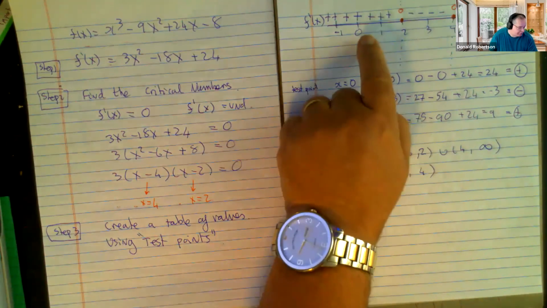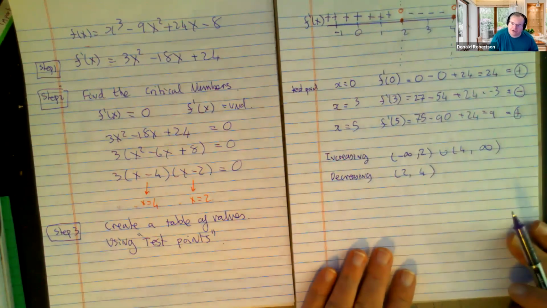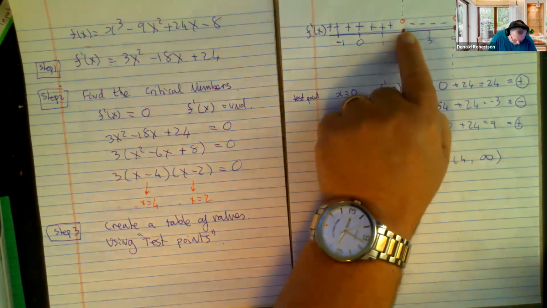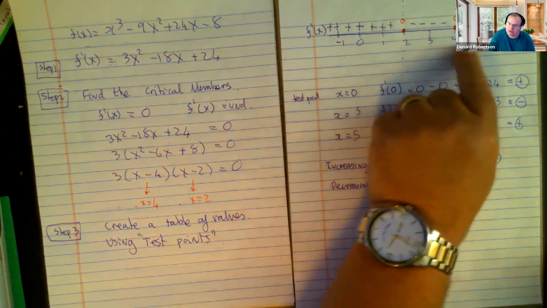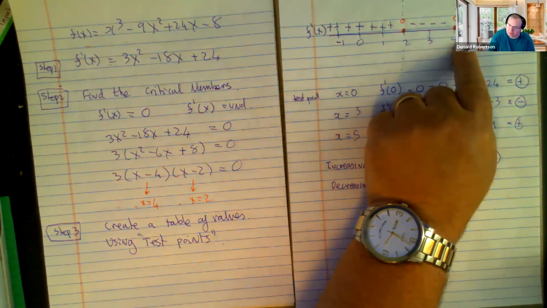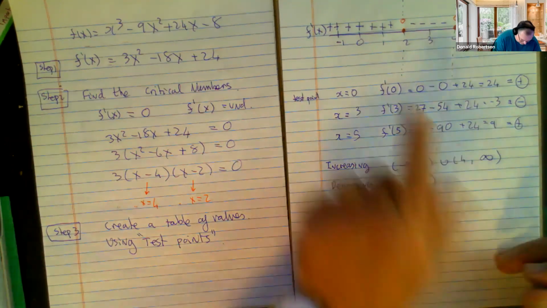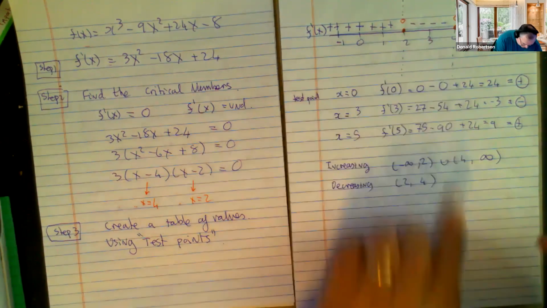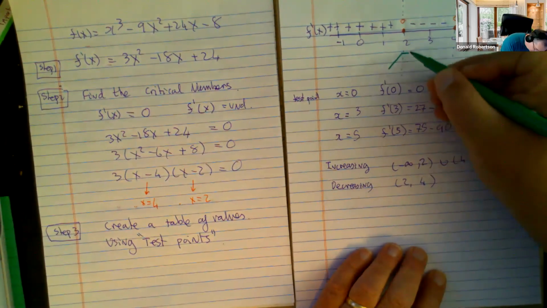Now I can also use this guy. Oh God, this is going to be the finish right now. I can also use this guy to tell you whether there's a local minimum or maximum at x equals 2, and whether there's a local minimum or maximum at x equals 4. So here's the short version. Positive, 0, negative. Positive, increasing. 0, negative.